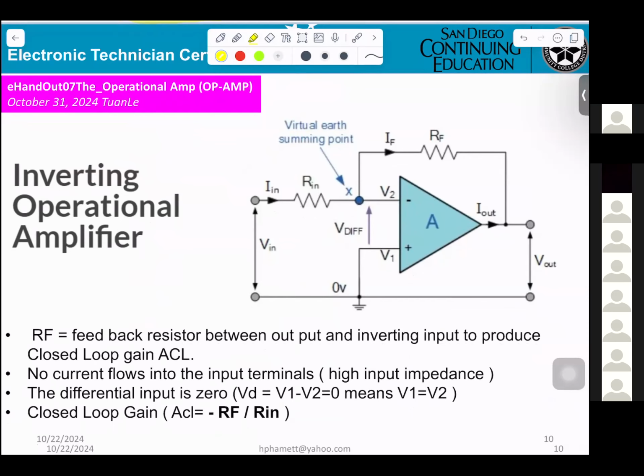This is easier than transistors, either bipolar transistor or JFET. The major topic after this operational amplifier will be JFET. That's almost done.